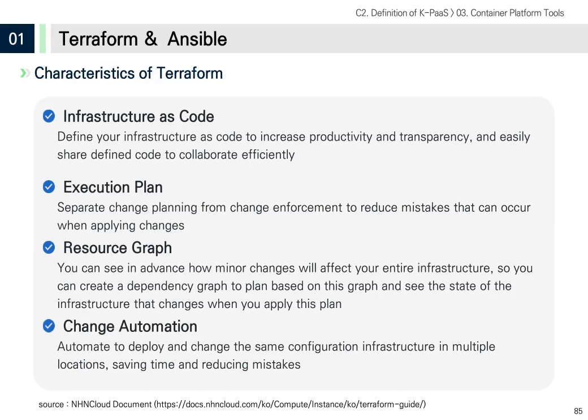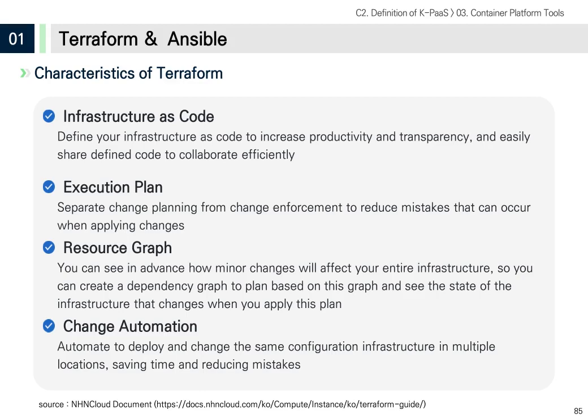Terraform is characterized by four main features. First, it's a coded infrastructure, which means you can define your infrastructure in code to increase productivity and transparency, and you can easily share the code you define to collaborate efficiently. Second, by separating change planning from change implementation, you can reduce the number of mistakes that can occur when applying changes.